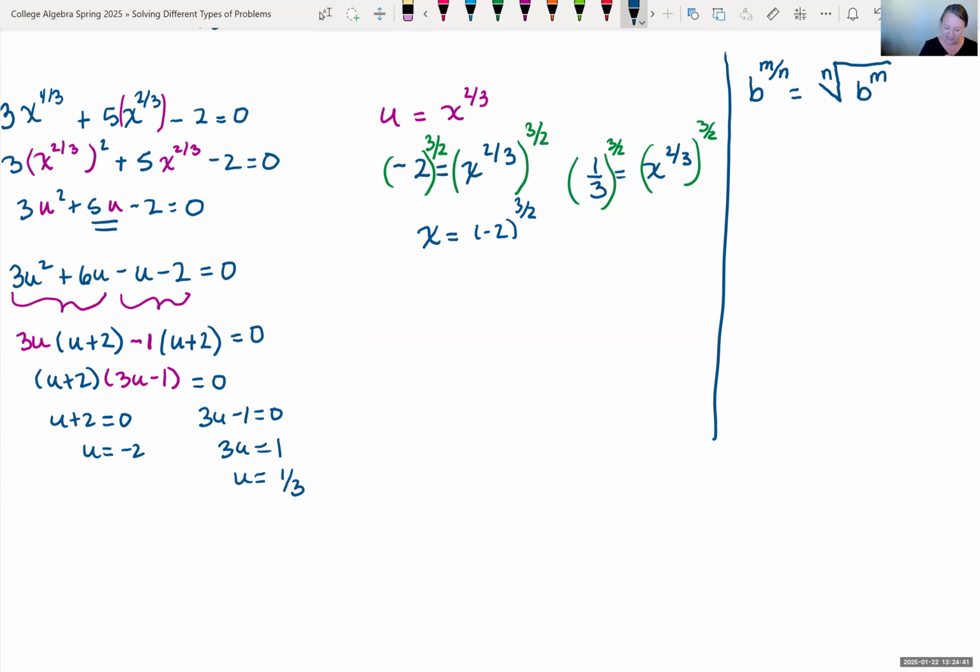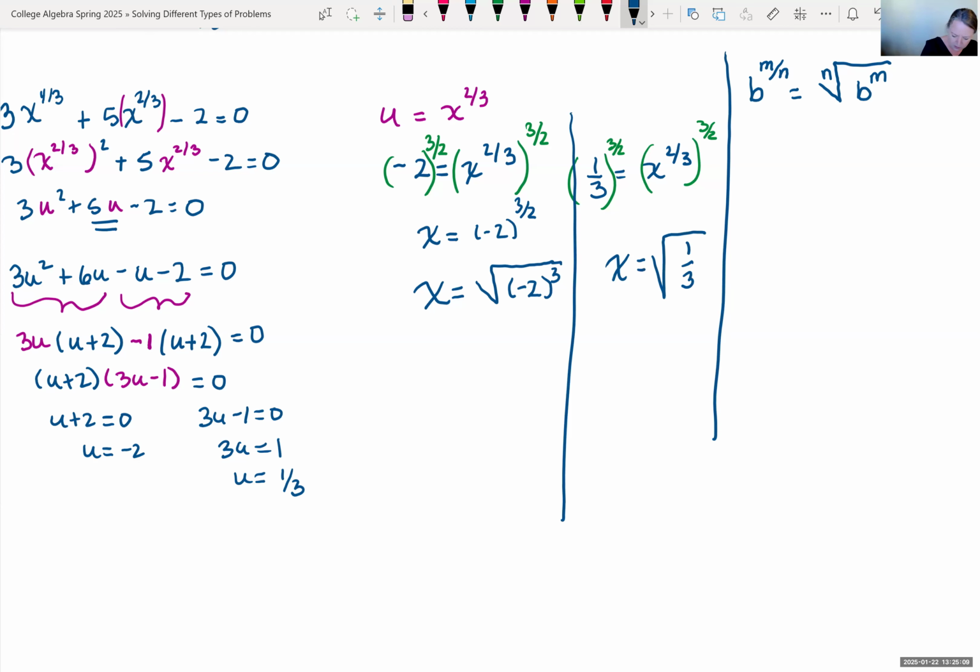So noticing that, let's rewrite what we have. So this is technically x is equal to, my denominator is a 2, so that's a square root. We don't usually put that index in there. -2 quantity cubed. Same thing for the other equation. We can rewrite this as x is equal to the square root of 1/3 quantity cubed.